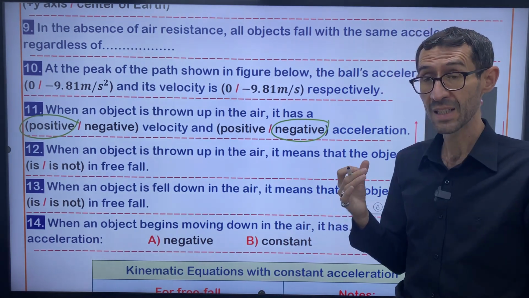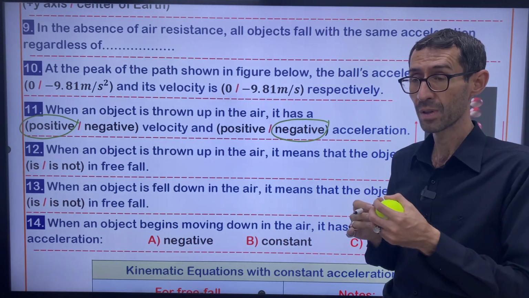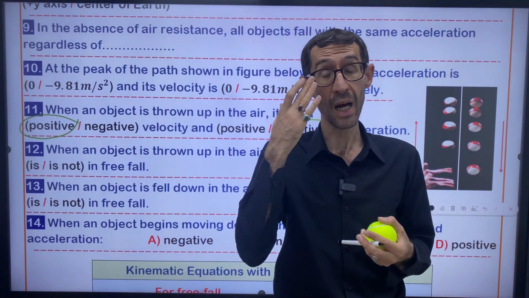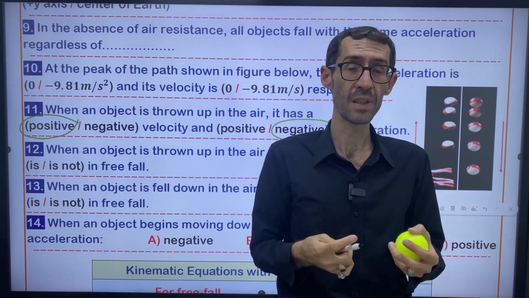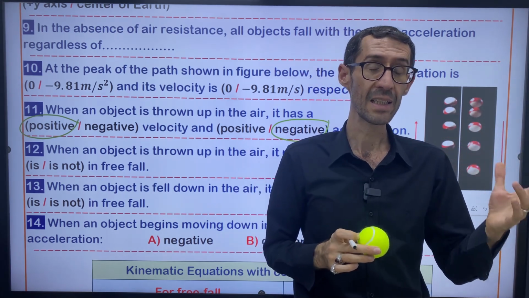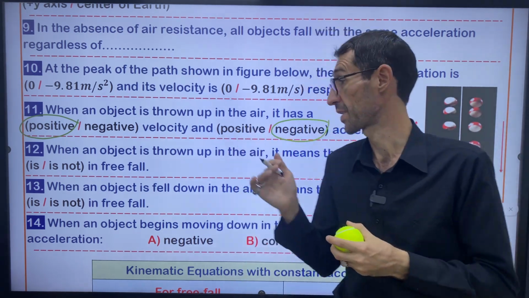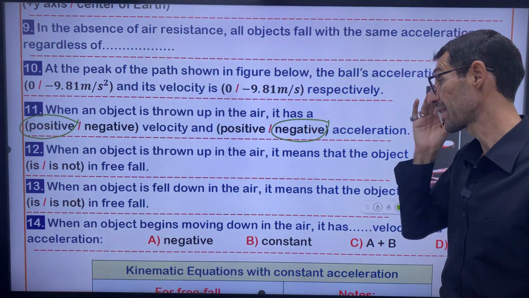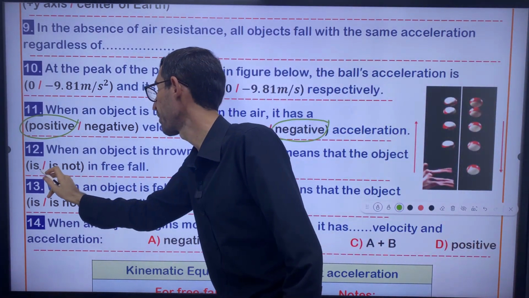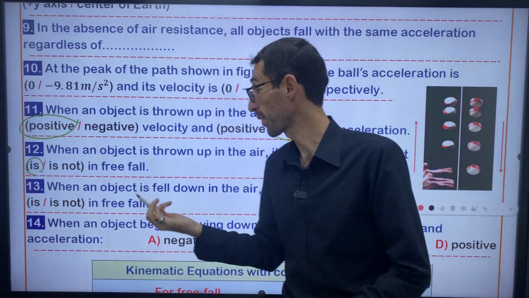So free fall does not mean only falling down. It means vertical motion of any object under the effect of only gravity, neglecting the retarding forces. So when an object is thrown up in the air, the object is in free fall.